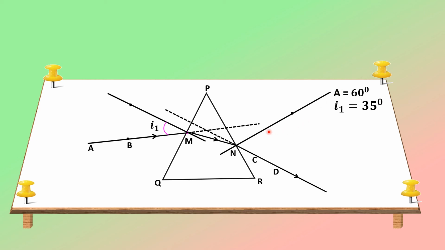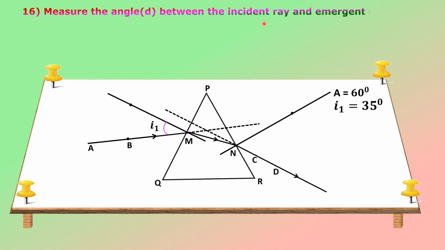Now I am measuring the angle of deviation and angle of emergence by using a protractor. Okay, see here, measure the angle D, that is the angle of deviation between the incident ray and emergent ray.